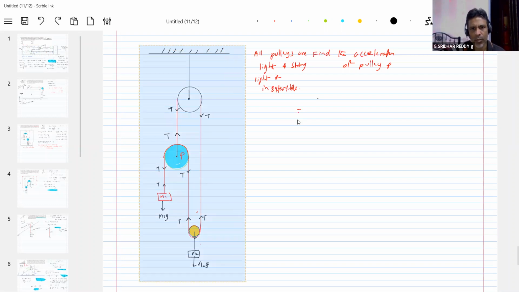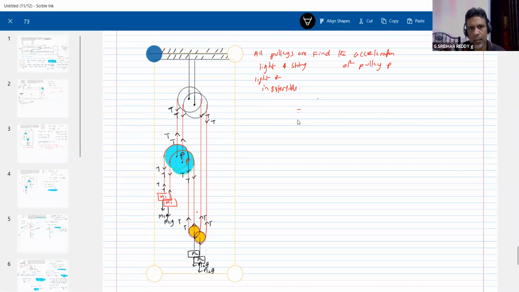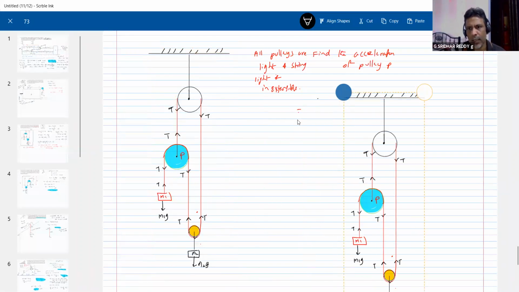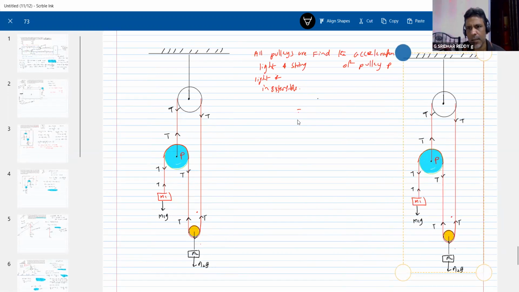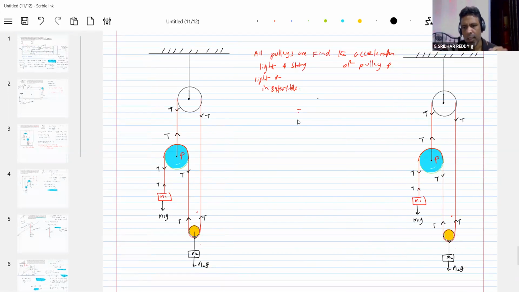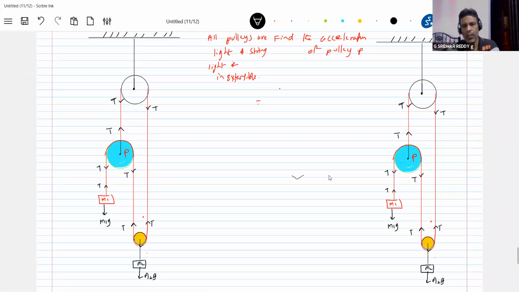Let me draw one more similar diagram. Okay, the other student, what happened? He will not draw diagrams like that; he will not assume the tensions that way. So another student may go like this, no?